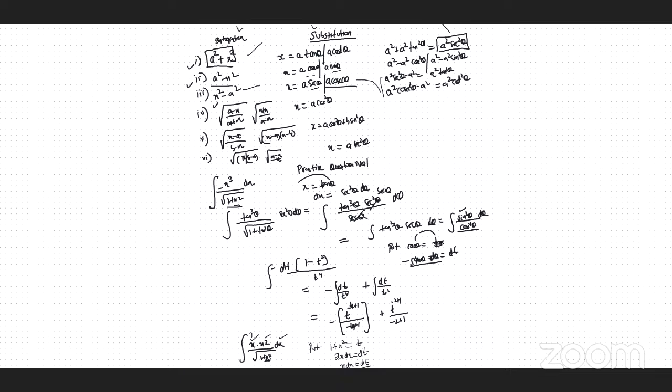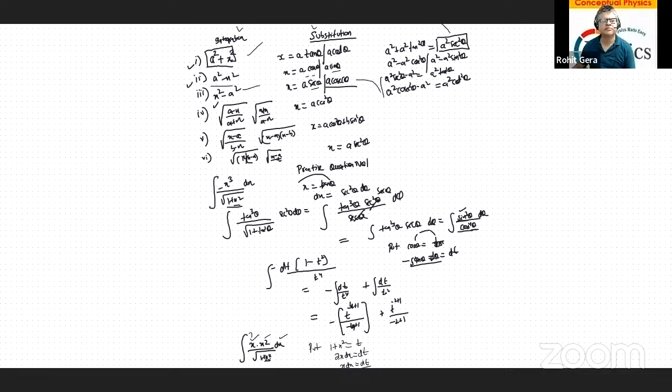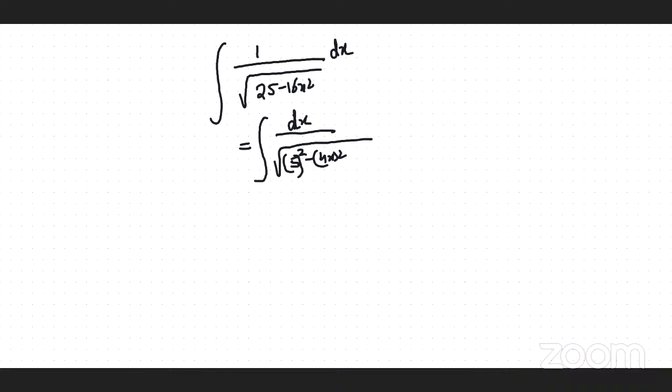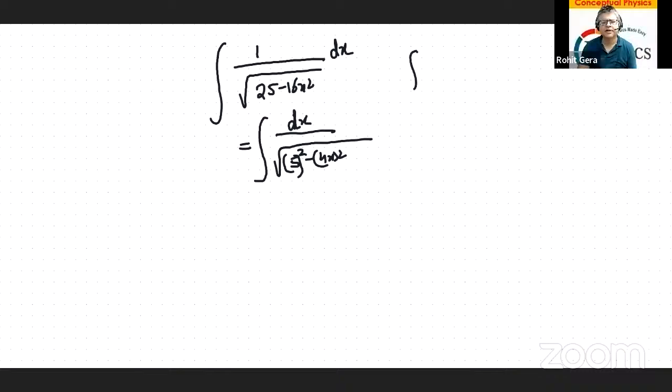इससे मिलती जुलती है। A square minus, let me go back to the page. Okay, so I'm saying rewrite this as 1 upon under root of 5 square minus 4x का whole square. So basically you're doing this a square minus x square.